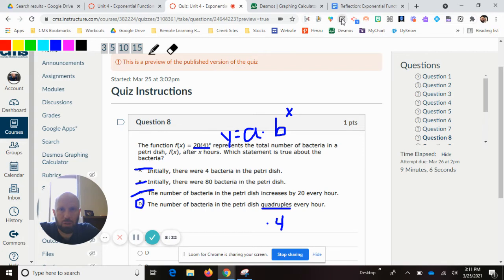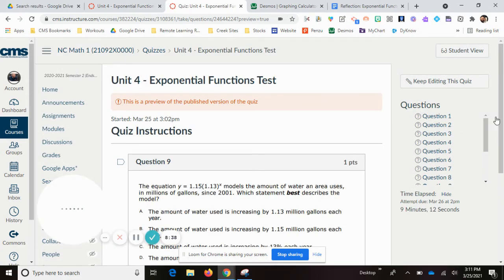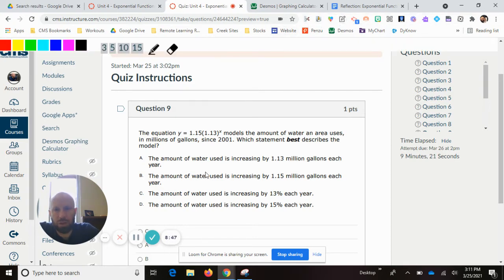Let's move on to question 9. Which statement best describes the model? So again, we're using that same model that we used earlier, where it's y equals a times 1 plus or minus r, and this number right here is more than 1, so that means we did 1 plus r to the x or to the t.